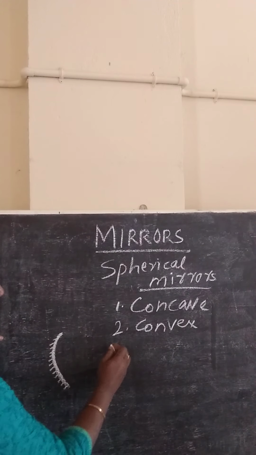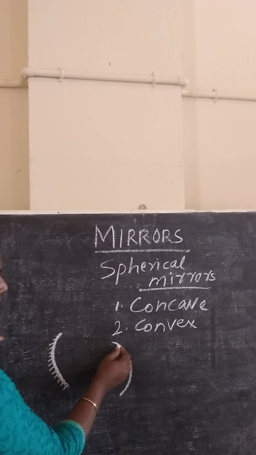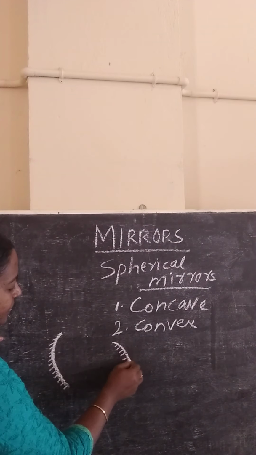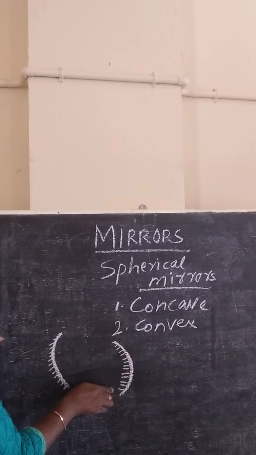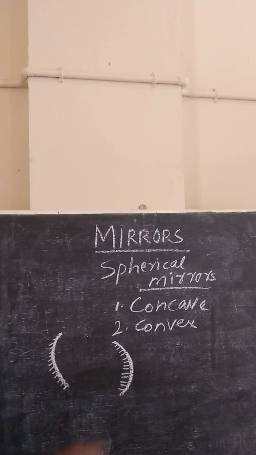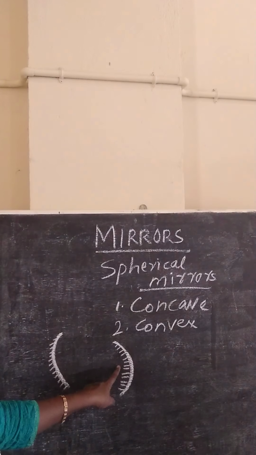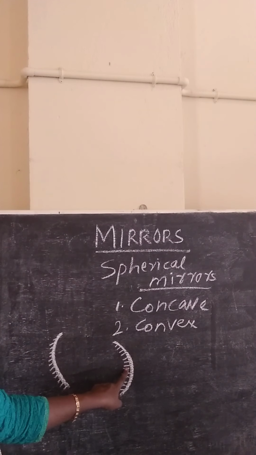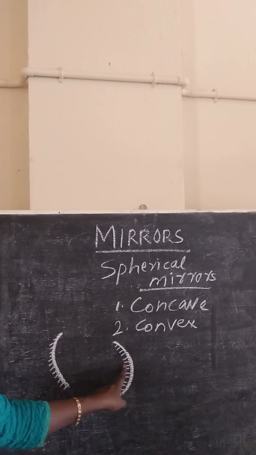And this is the representation of a convex mirror. Here the bulging out surface is the reflecting side, and the bend-in side is the non-reflecting side. We use short oblique lines to show the non-reflecting side of a concave mirror and of a convex mirror.